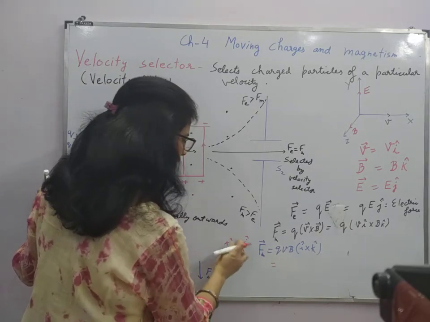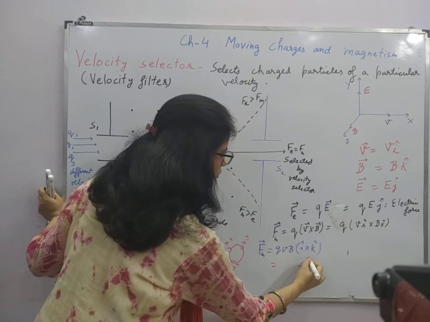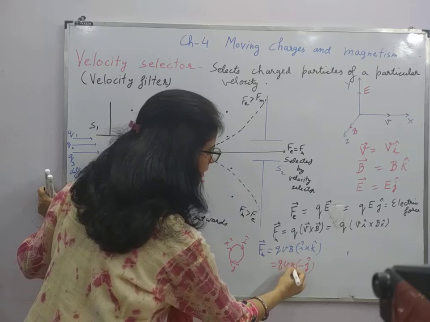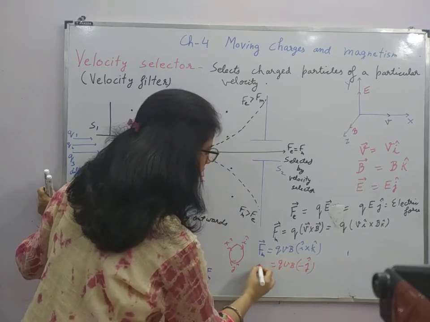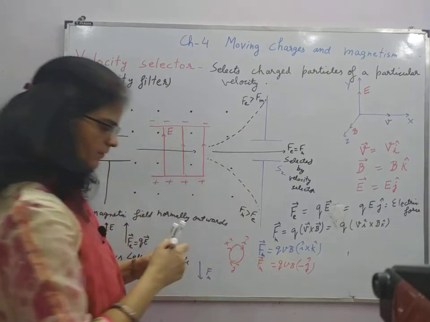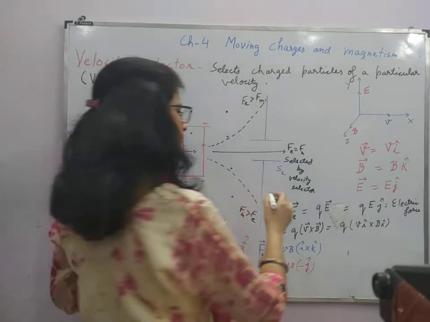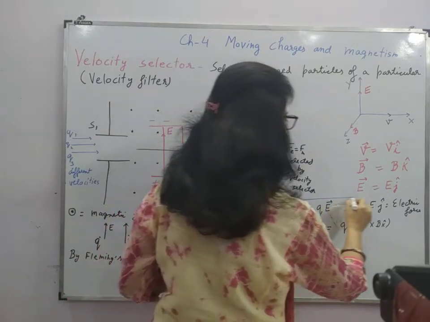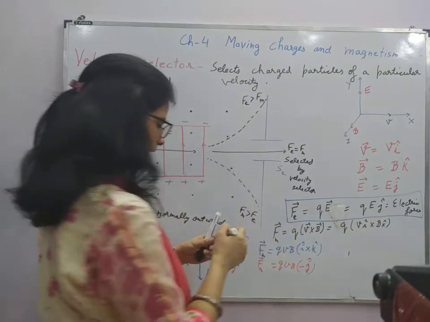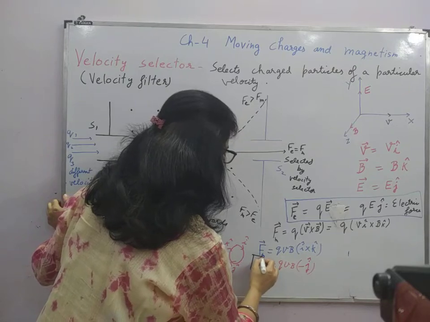So i cross k is minus j. This is from 11th standard. So this is qVB, and this is Fm. It is very much clear from this expression and this expression.